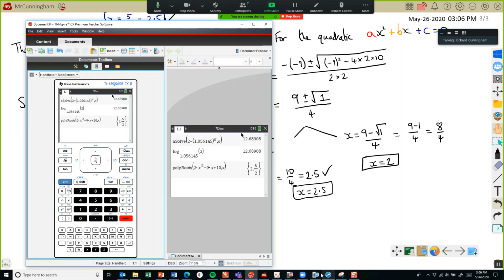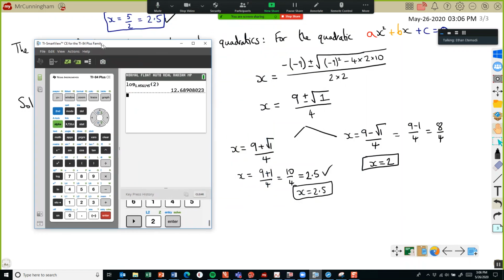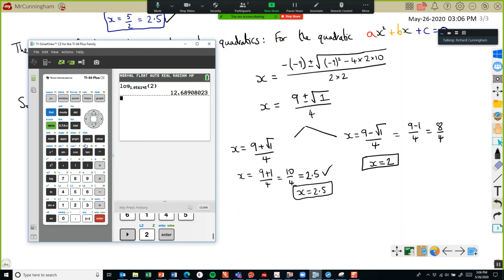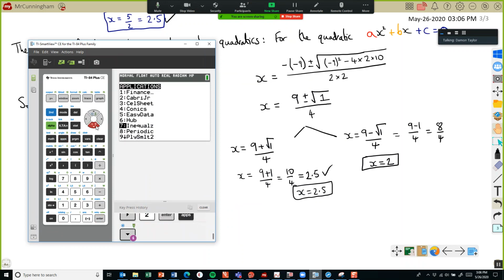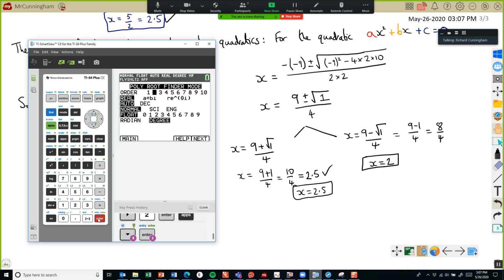Is that what you've got? So on your TI-84 Plus, can you see my screen? The way you do it on here is you go to Apps, and then you should have this PlySmlt number 9. And then you want Root Finder, which is number 1.